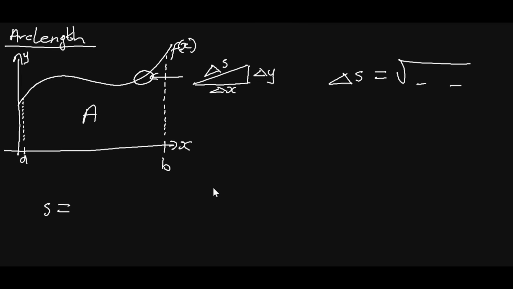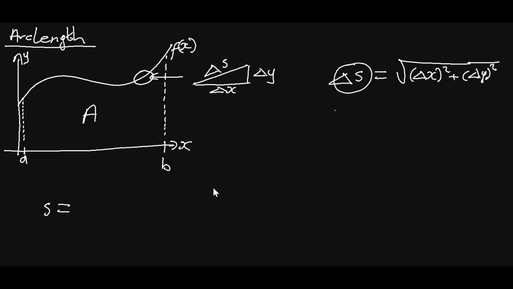So delta x will be to the power 2, delta y also to the power 2. This is how we get the small s value here.